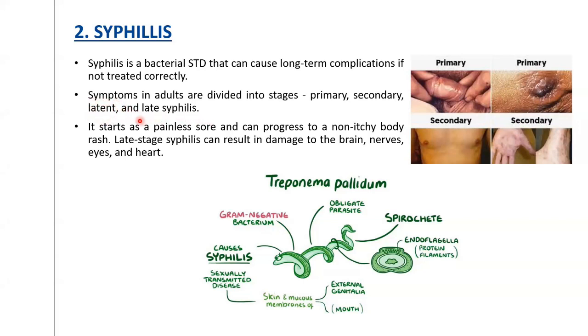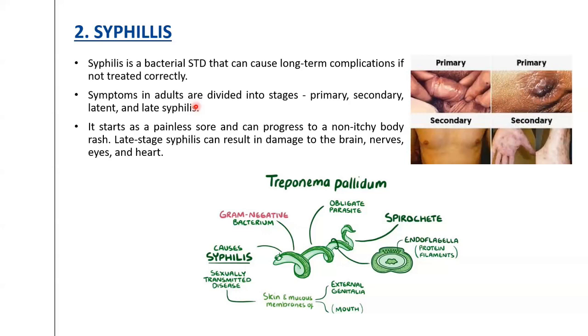Late syphilis is a much more progressed disease that causes a variety of symptoms, including skin disruption, multiple painful pustules all over the body, throat infection, nervous system damage, and spine damage.